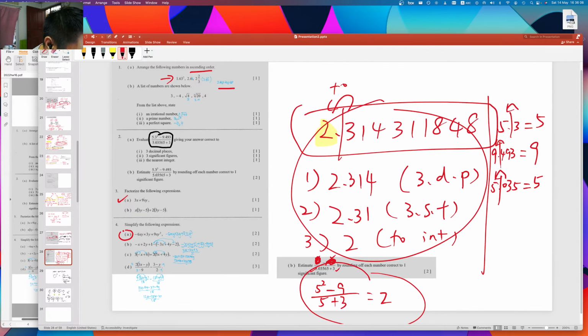The rest is good. Remember to split the 3, 1 times 3. See what's common then.